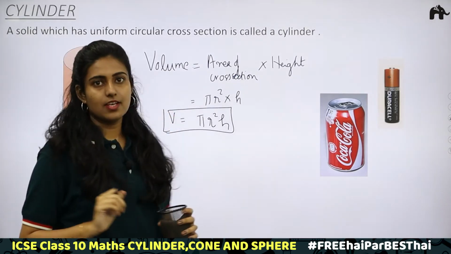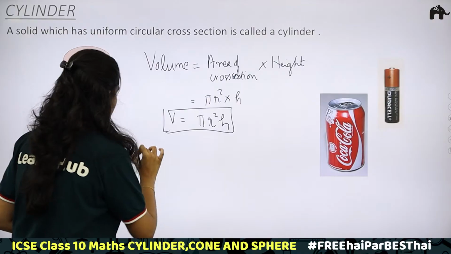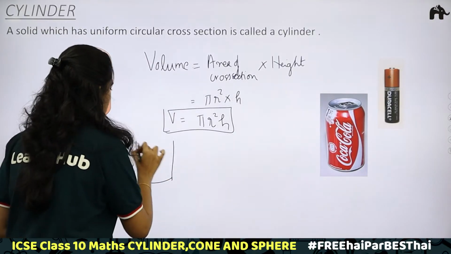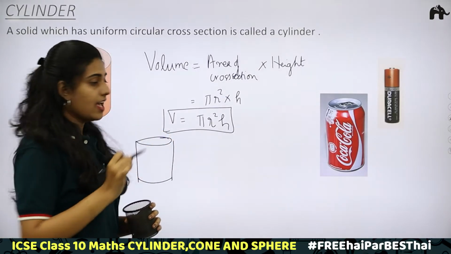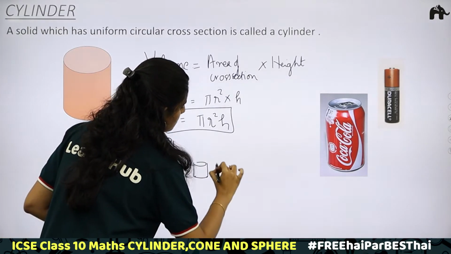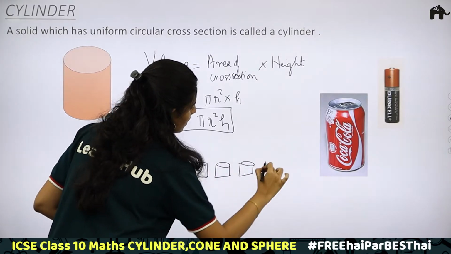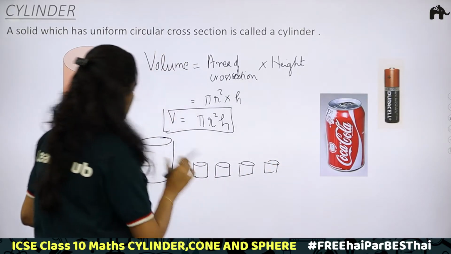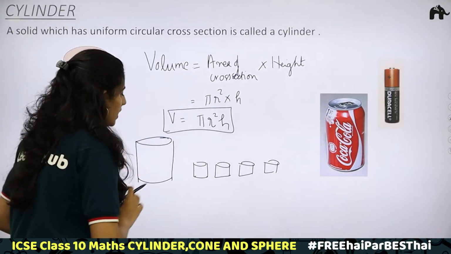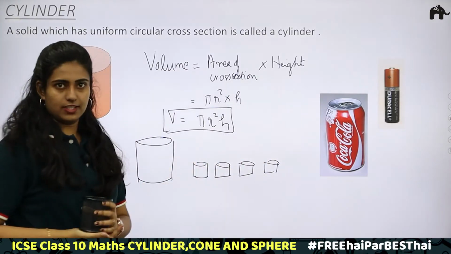For example, you have a big can which is cylindrical in shape, and you are asked to fill a few small cans using the water that is inside this big can. You need to find how many cans can be filled.